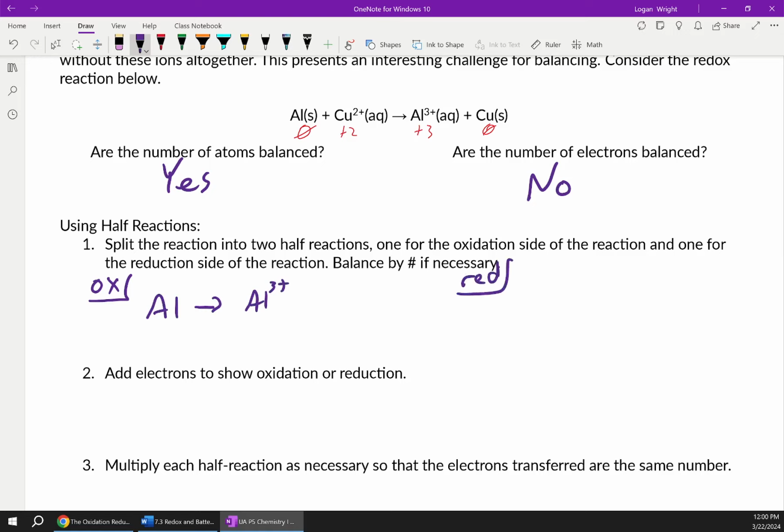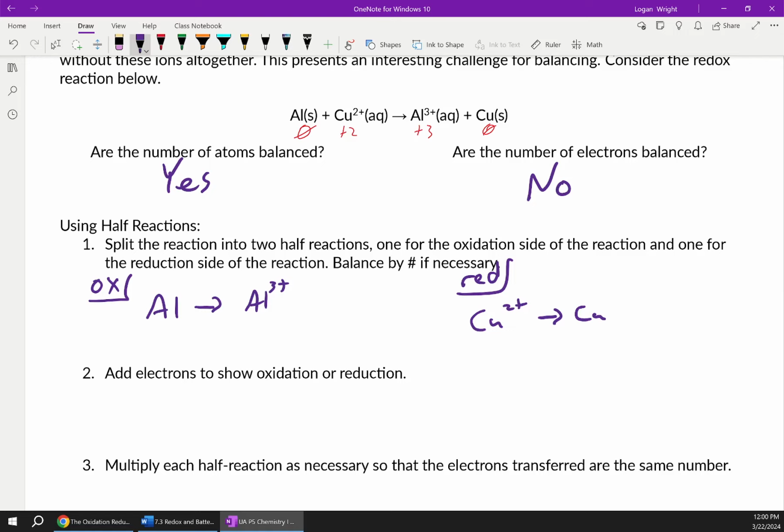Copper is being reduced. We know that it starts out as the copper 2+ ion, and it ends as pure copper. Step 1 is done for copper. So all we've done is extract my oxidation and reduction halves so that we can work on them individually.